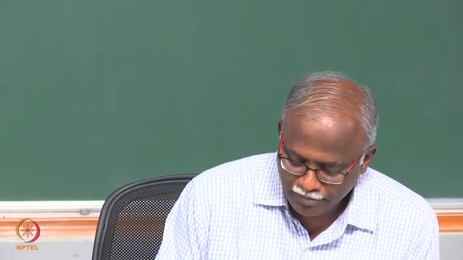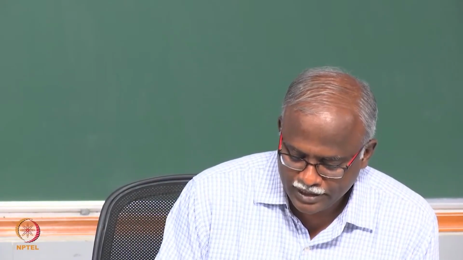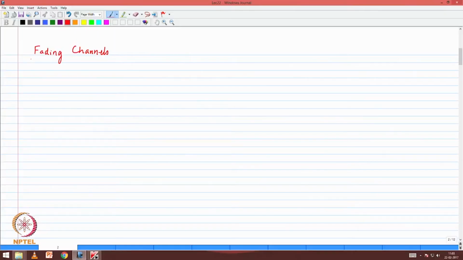So let me just mention some of the points that we discussed in the last class. We were talking about fading channels and why we were not able to use coherent detection in certain scenarios. One of the things that we always remember in the context of fading channels is that we could have high Doppler.